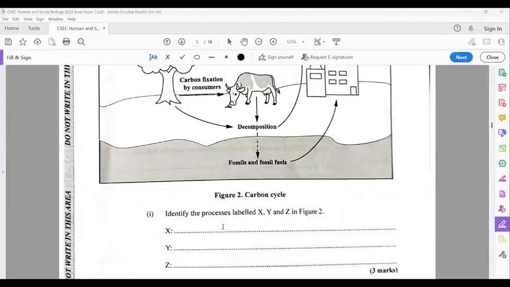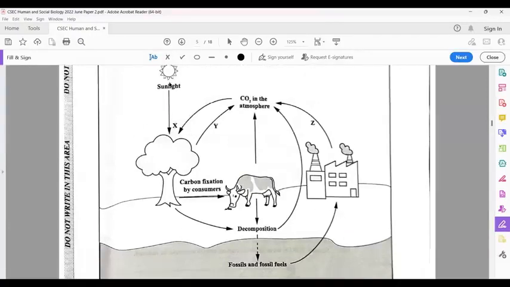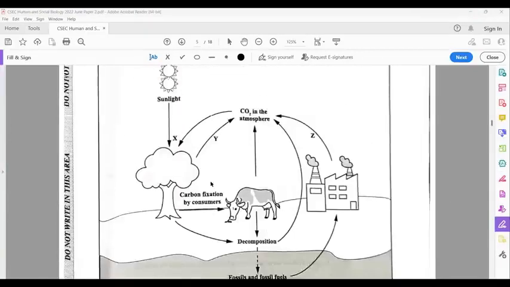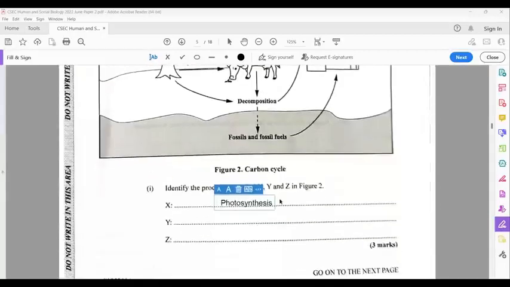So X, if we look at X and we see sunlight going in, we just identified the photosynthetic equation. We see carbon dioxide going into the plant as well. That is photosynthesis, which will make the opposite of that, whereby, look, it's coming out. Y is carbon dioxide going into the atmosphere from the tree, that will make that respiration.